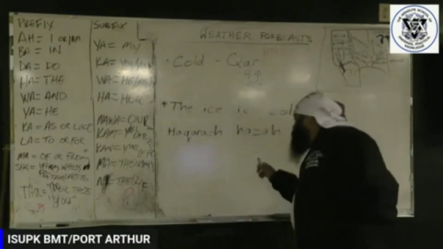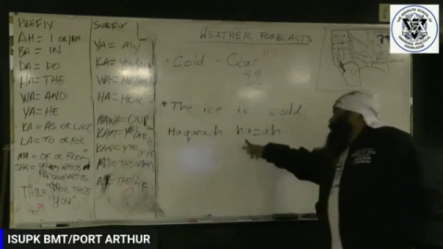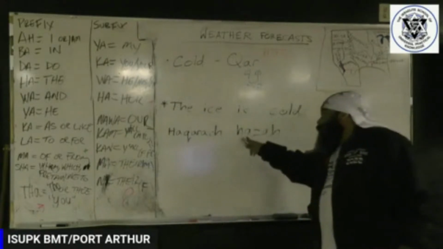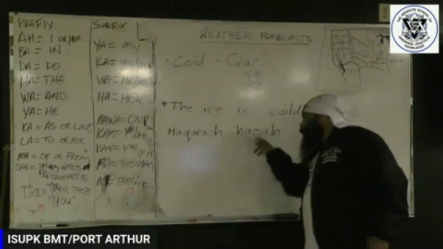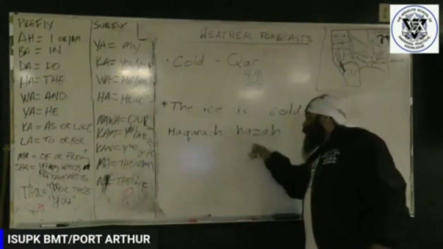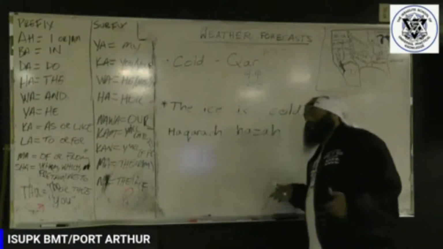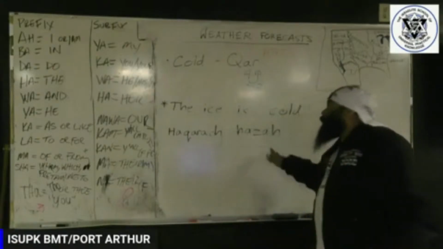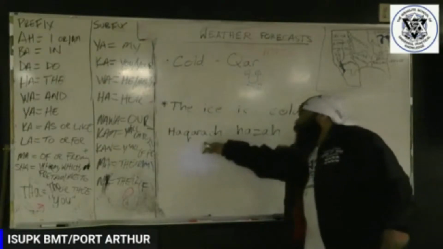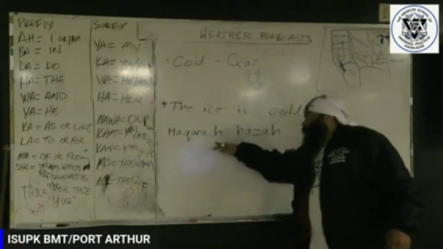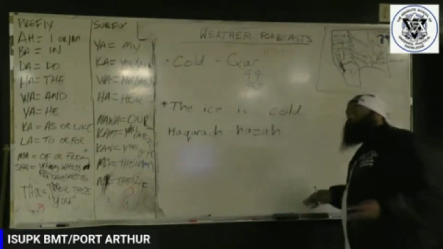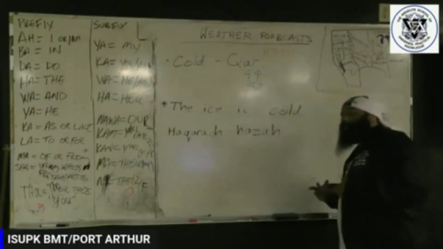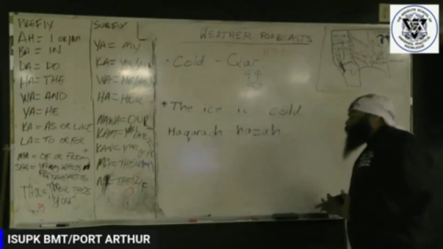So I'm going to break this down right now. Hazah is za with the prefix ha. The it's is pretty much saying is. The it's combined together is, and we're using it because ice in this case is plural, and cold is singular, so it groups them together in a singular fashion.